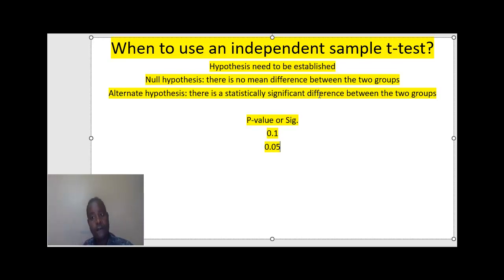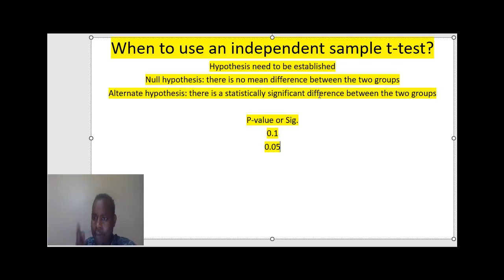And if the p-value or the sig value from the result of the statistical software like SPSS and Stata is greater than 0.1, or in case of 10% margin of error, or greater than 0.05 in case of 5% margin of error, then the null hypothesis needs to be accepted, and the alternate hypothesis needs to be rejected.